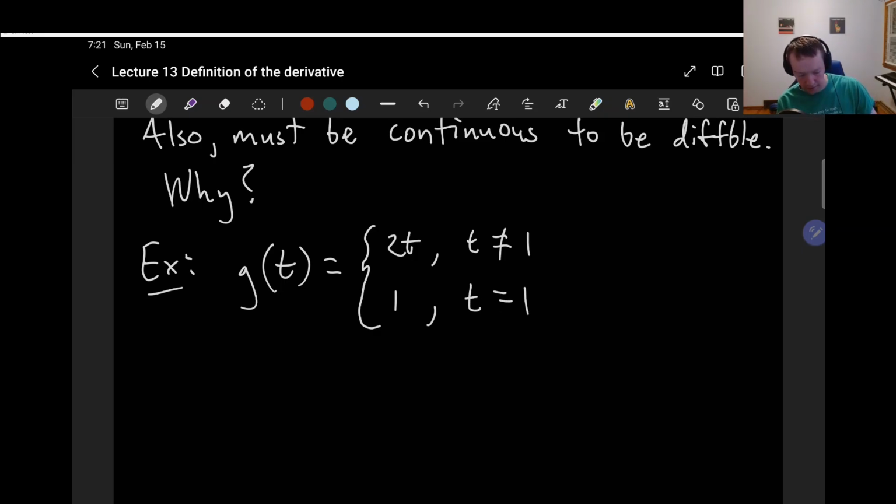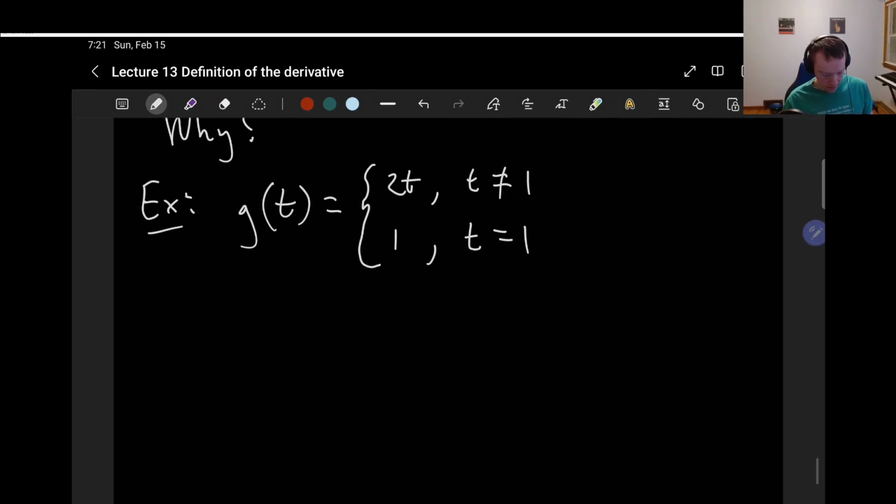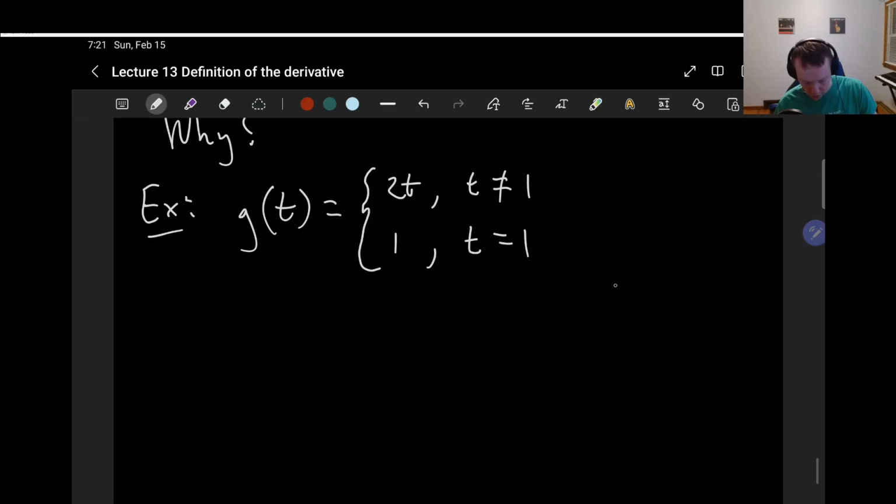And when t is 1, it's just at the value 1. Let's make a quick graph. So notice my input variable is t for this problem.